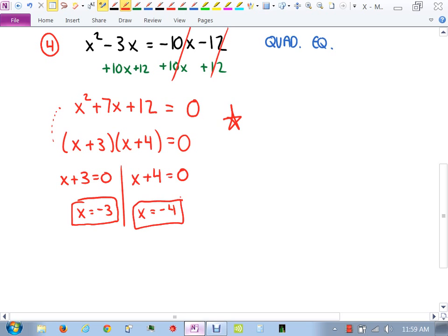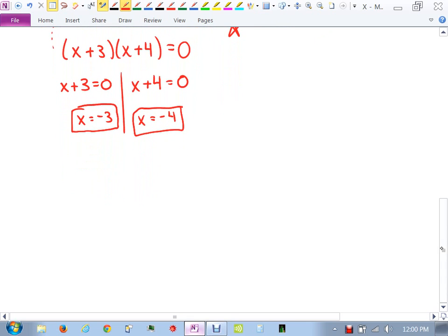Now that was step 4, right? We still have a 5th step, don't we? The 5th step is to check our answers. Okay, 5th step, check. So let me first start by checking this answer, -3. I take -3 and I plug it into the original problem.